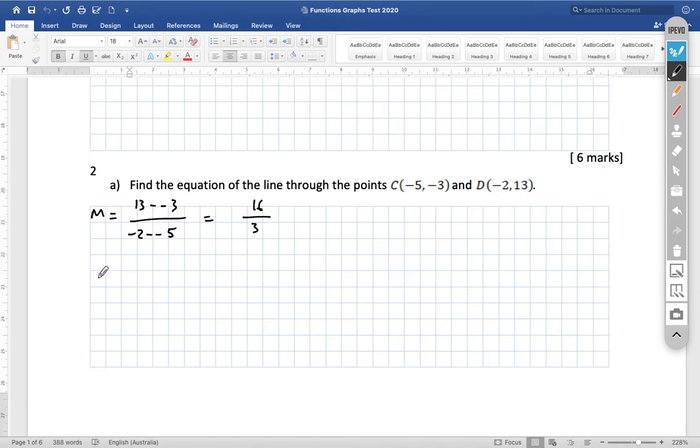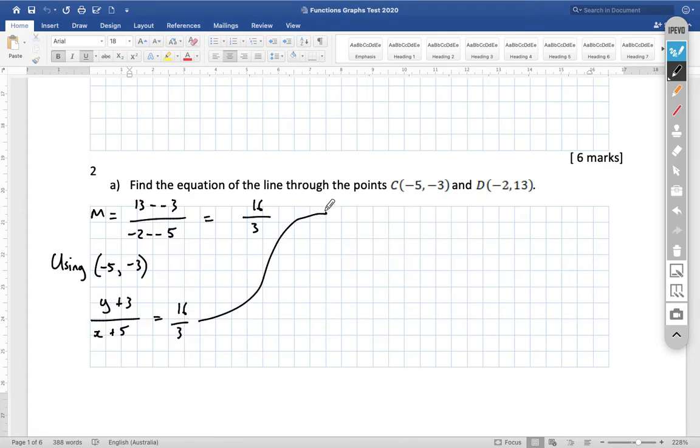Right, using the gradient and a point. Maybe I say I'm going to use maybe this point, the numbers are a bit smaller. It doesn't matter. I would say change in y, minus minus makes plus, change in x has to give this gradient.